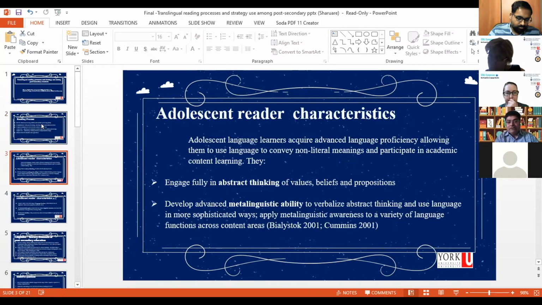In terms of adolescent reader characteristics, adolescent language learners acquire advanced language proficiency, allowing them to use language to convey non-literal meaning and participate in academic content learning. They engage fully in abstract thinking of values, beliefs, and propositions. They develop advanced metalinguistic ability to verbalize abstract thinking, use language in more sophisticated ways, and apply metalinguistic awareness to a variety of language functions across content areas.